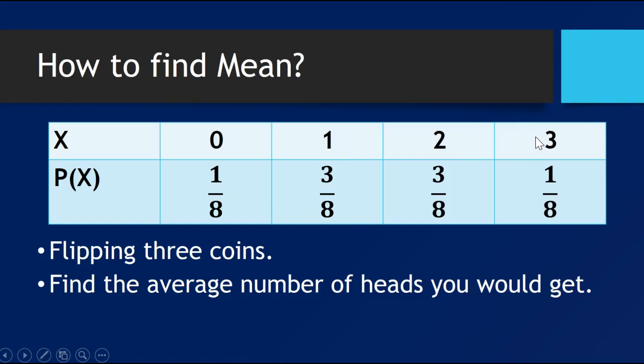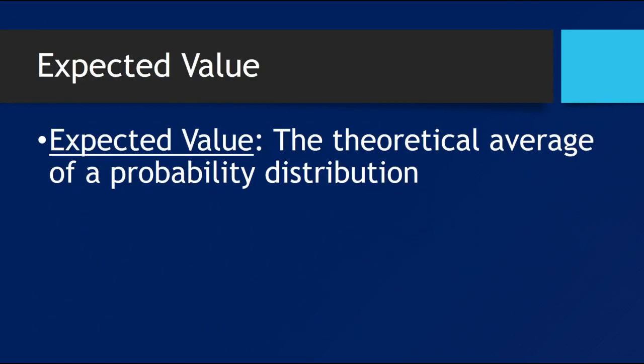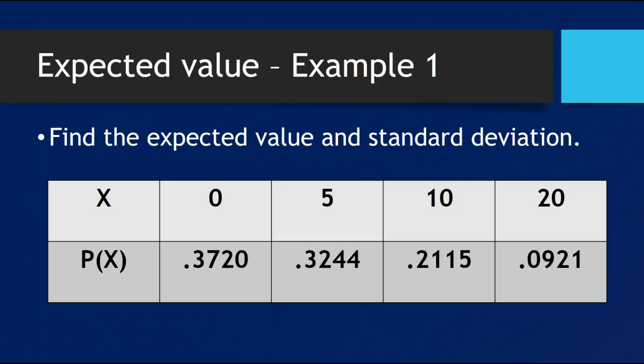But it's fairly likely that the average of all of those 50 people would have come out to about 1.5. Okay? So that's why the expected value is called the theoretical average.